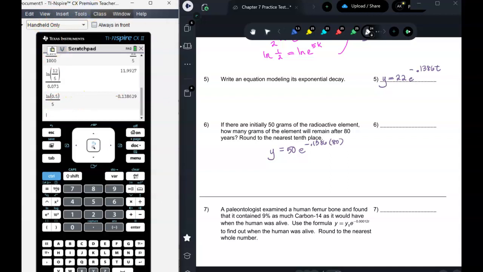Okay, so now what? We have 50 e to the, I'm just going to take that answer from above, times 80. It's a pretty small number, but remember, what was the half-life again?